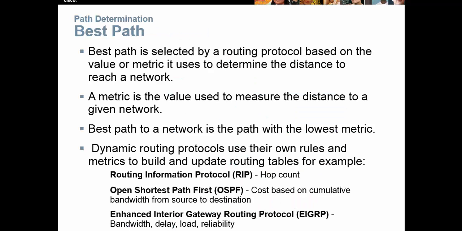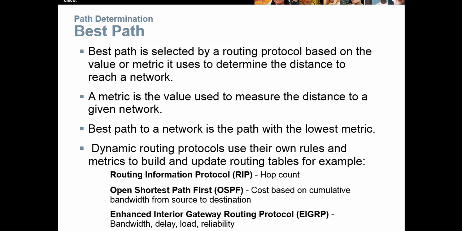So, best path. Best path is selected by a routing protocol based on the value of the metric it uses to determine the distance to reach each network. A metric is the value used to measure the distance to a given network. Your best path to a network is the path with the lowest metric. Dynamic routing protocols use their own rules and metrics to build and update routing tables.